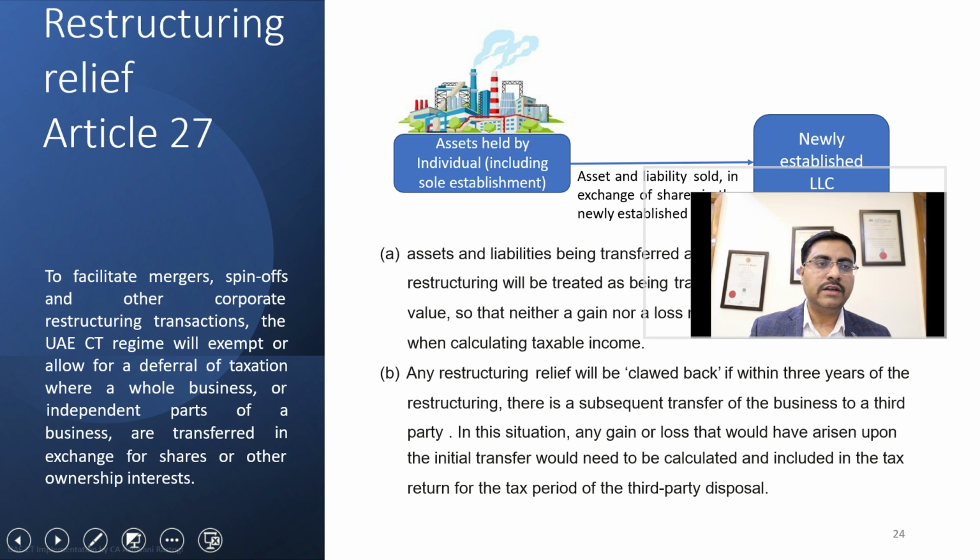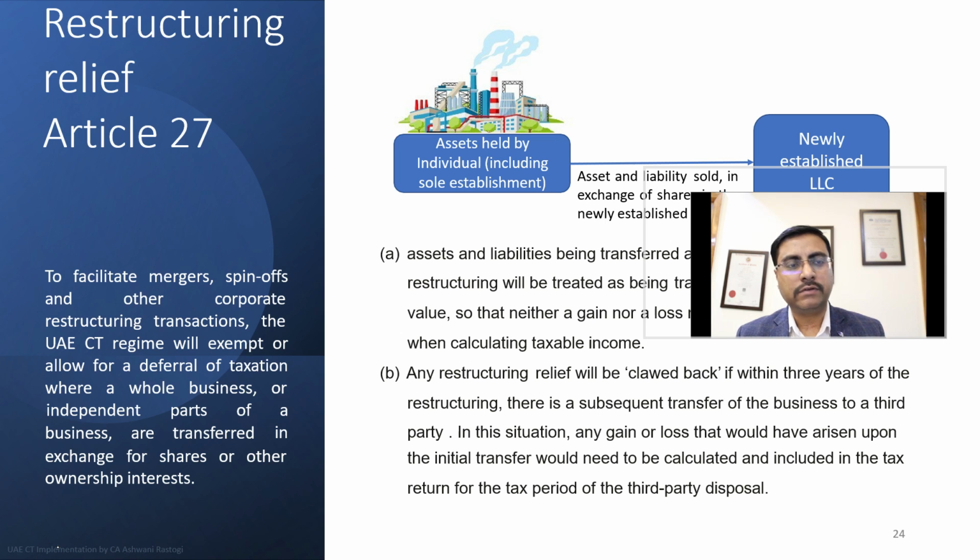So restructuring relief is also there. Suppose in case of a merger, acquisition or amalgamation, the amalgamating company merges into the amalgamated company, or a spin off. That kind of transfer is not regarded as a transfer, so there should not be a notional capital gain in the hands of the amalgamated company.